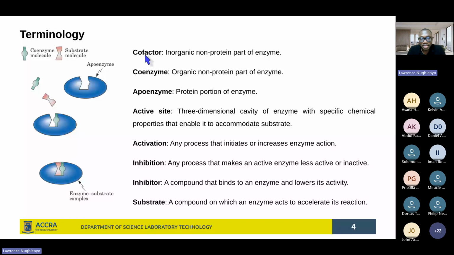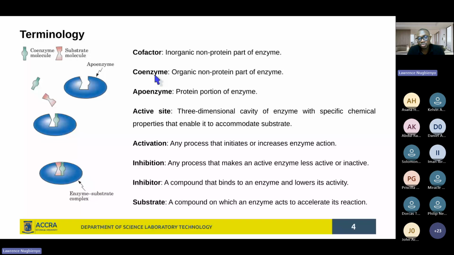Then we see coenzyme. Sometimes when you read biochemistry books, cofactor, coenzyme are used interchangeably, but there is distinction between them. Coenzymes are organic non-protein parts. They are also non-protein parts of the enzyme, but they are organic.